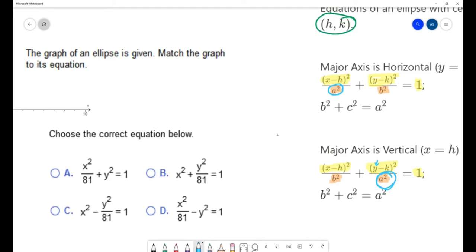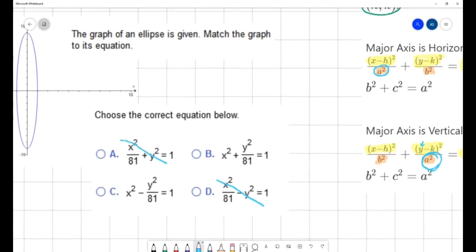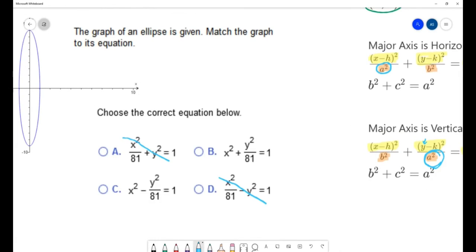So I can go ahead and eliminate this one because y has the shorter one, and eliminate this one because y is shorter. And then from here, it's really easy to eliminate this one because it has a minus instead of a plus.